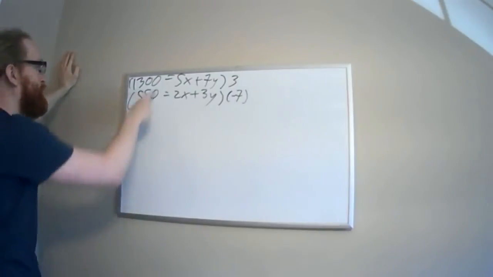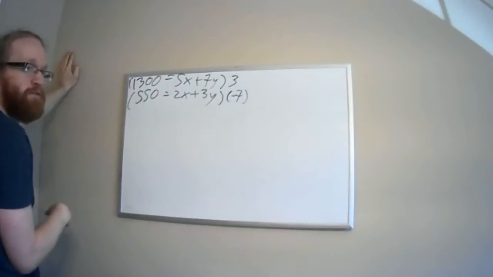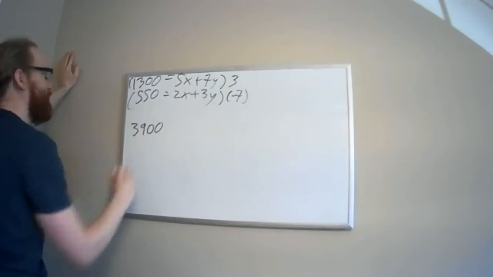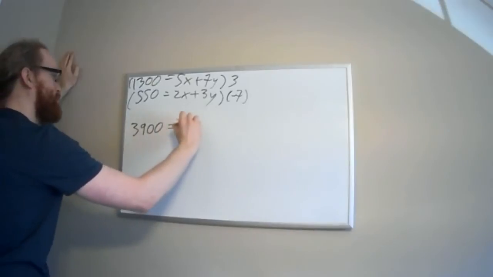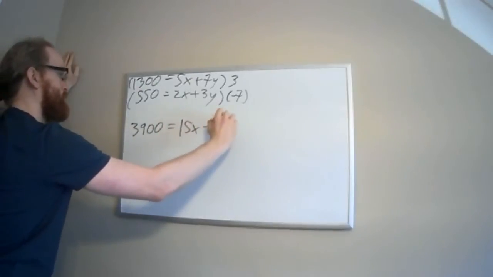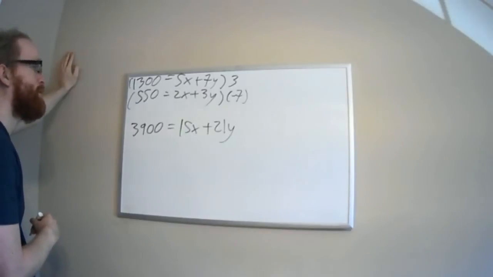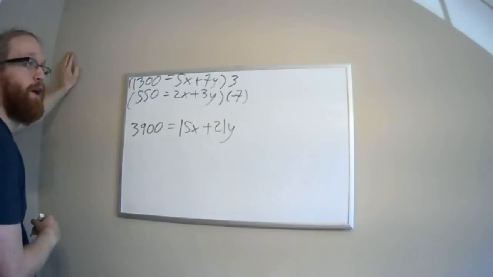Okay, so what's this times 3? 1,300 times 3, that sounds like 3,900. And then 5 times 3 is 15. 7 times 3 is 21. And then -7, oh boy, can I do this one? -7 times 550.